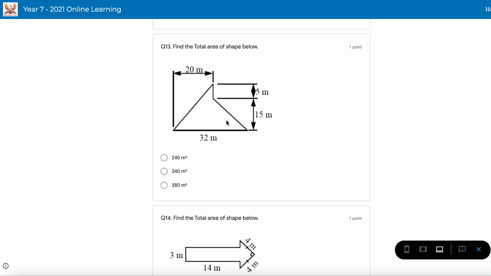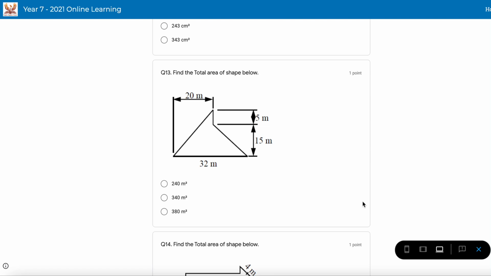We can work out the area of this smaller triangle now as well. Half times the base, which was 12, times the height, which was 15. All we need to do is a half of 12 times 15, which gives us 90. So our area of this small triangle here is 90 square meters.